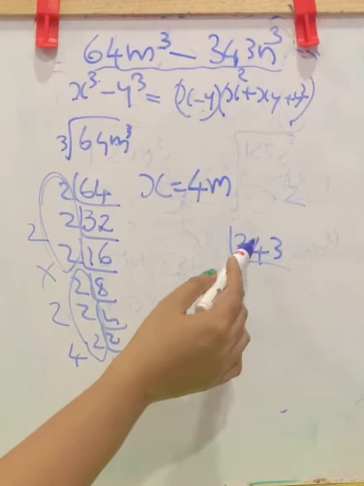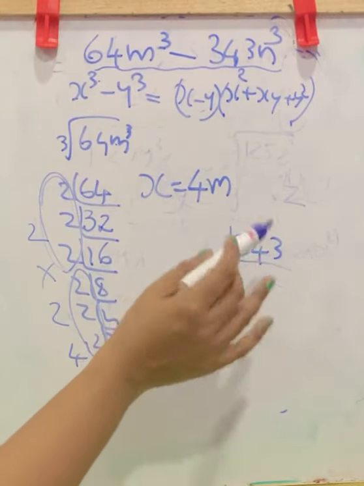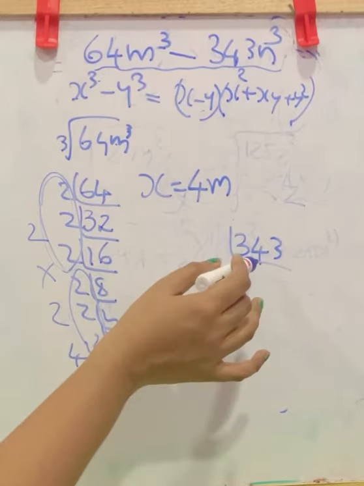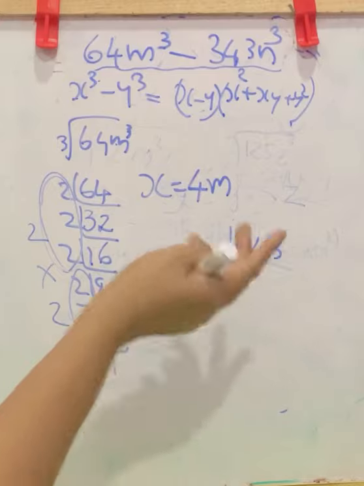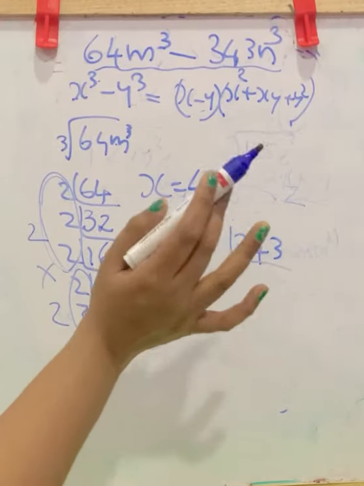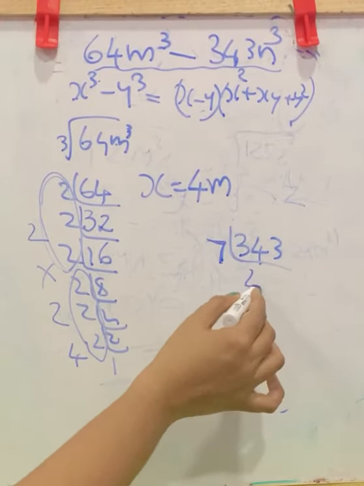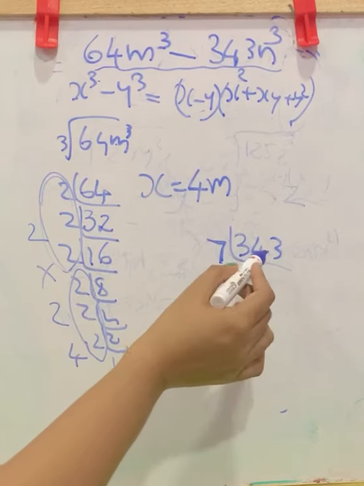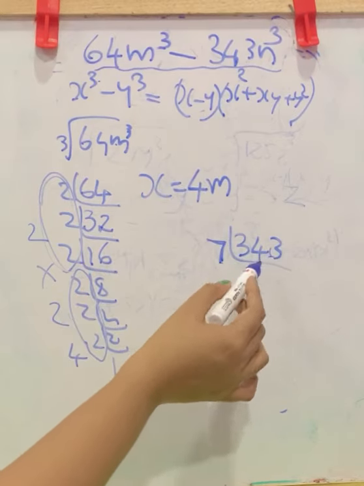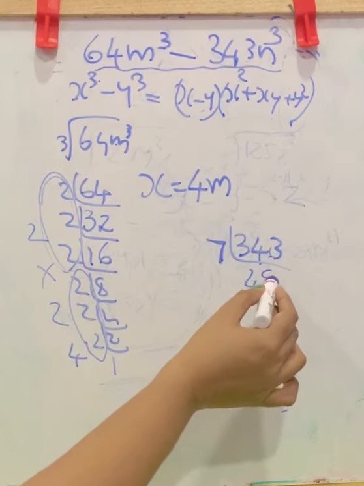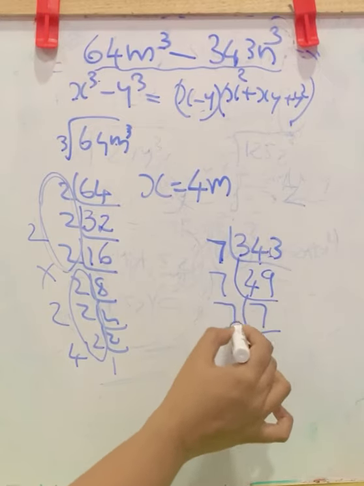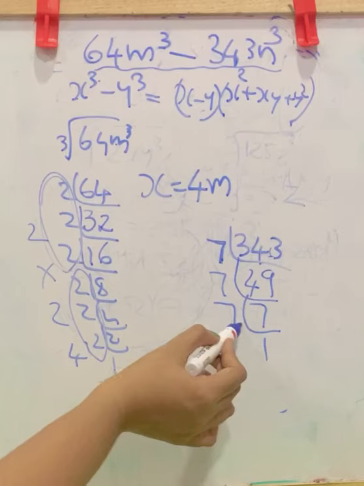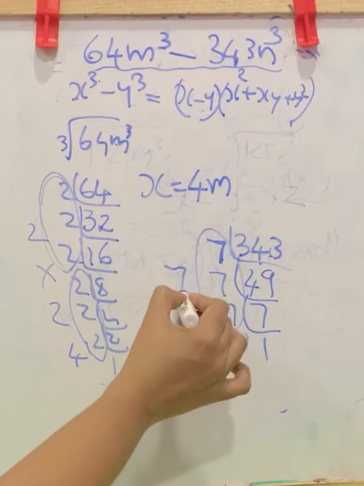Here it is not divisible by 2, not divisible by 3, not divisible by 5. Next is 6, not a prime number. So next prime number is 7. Yes, this is divisible by 7. So 7 4s are 28. Balance is 63. 7 9s are 63. Now here 7 7s are 49. 7 1s are 7. Here taking 3 at a time and take 1 7.